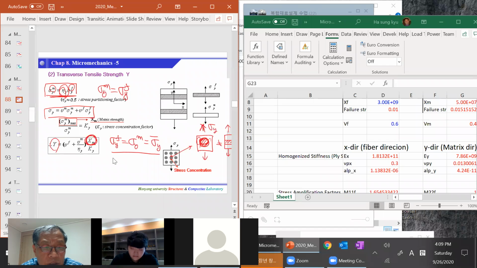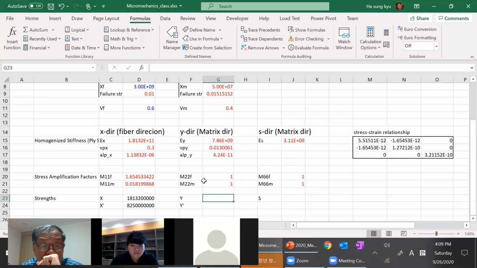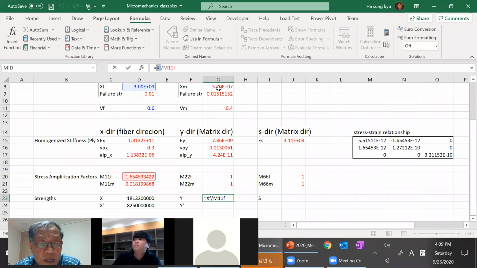And when the resin reaches the failure, similar to this, I'll just copy here. So instead of a fiber, I would call resin, and instead of this, I would call.